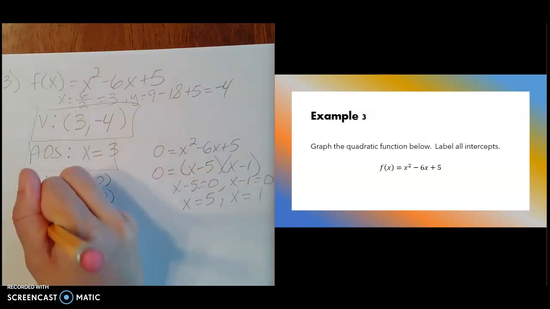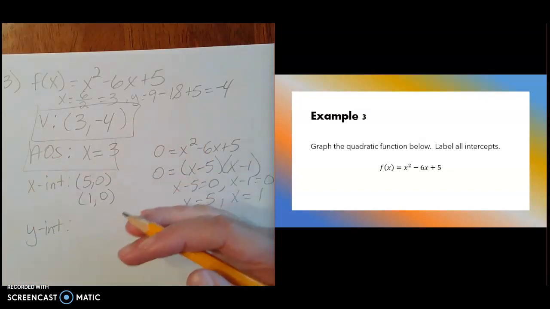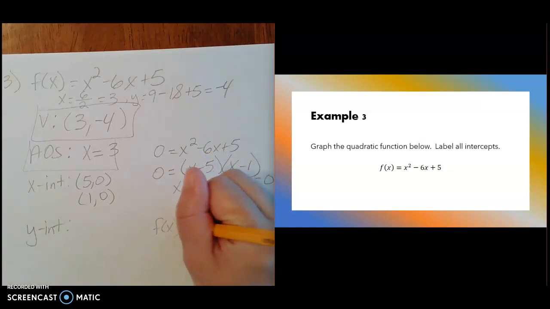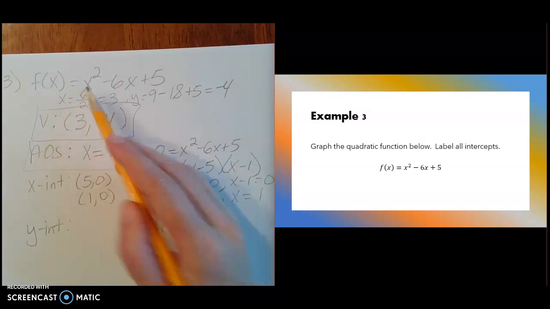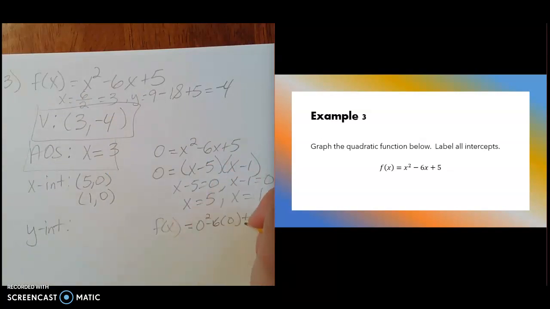The y-intercept is also pretty easy to find. The y-intercept happens when x is 0. So we'll have that f of x, that's our y value, and I'm going to substitute 0 in for x. So I'll have 0 squared minus 6 times 0 plus 5. I'm just putting in 0 for x, okay?